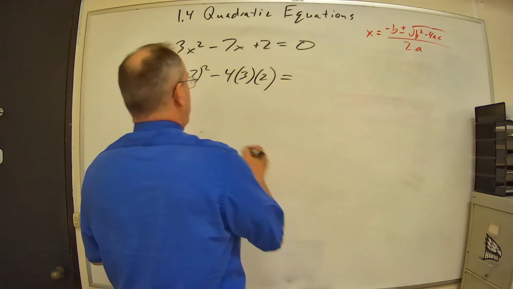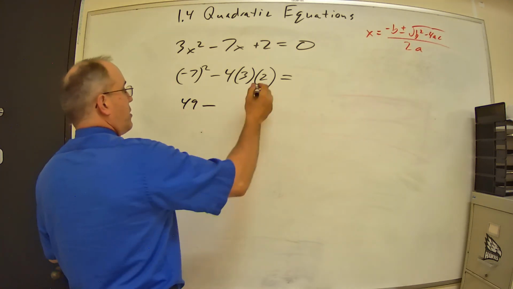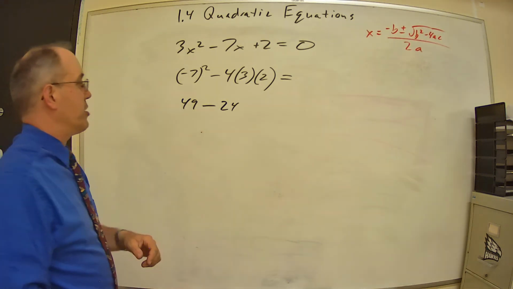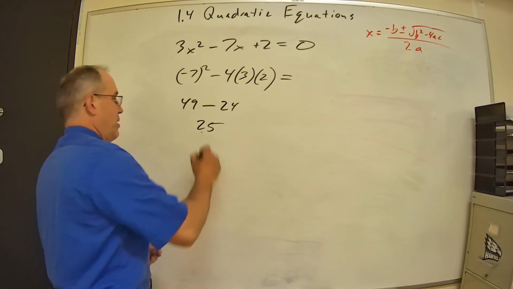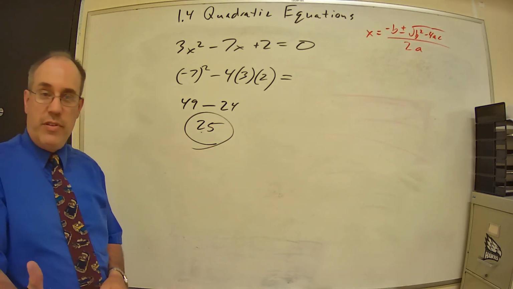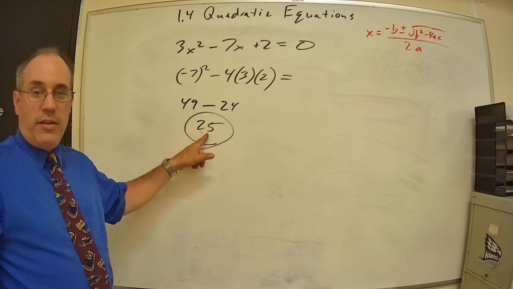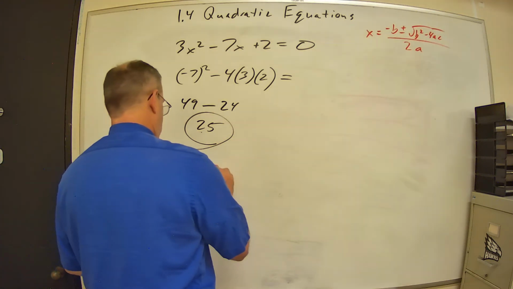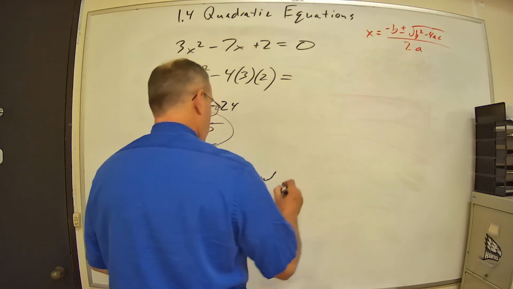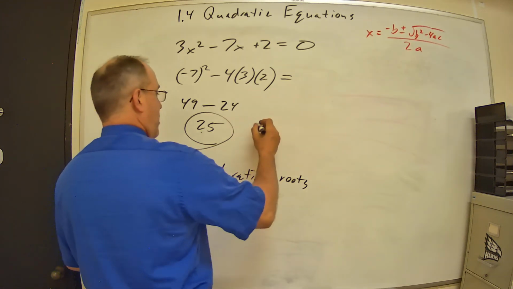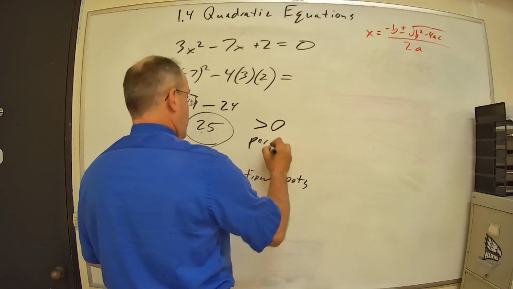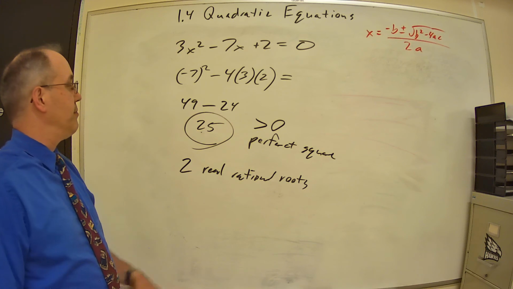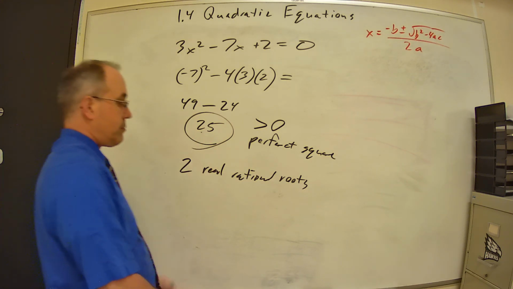So that's 49 minus 6 times 4, which is 24. 49 minus 24 is 25. 25 is positive, and it's a perfect square, therefore we are going to have two real rational roots, because this is greater than 0 and a perfect square. So not bad.